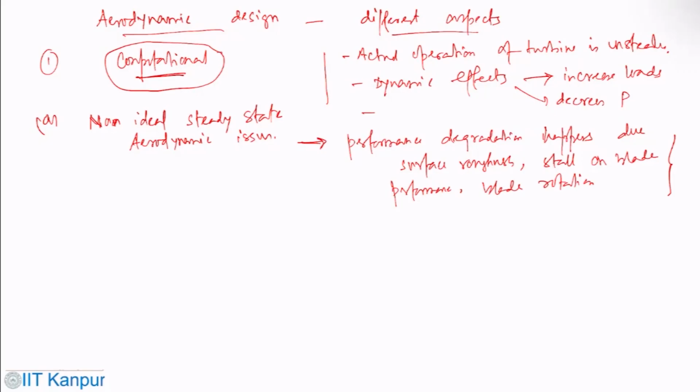So the surface roughness that we are talking about is increasing the drag, and obviously the lift will decrease. Once the lift decreases, this is going to impact the rotation of the blade and indirectly affect the power generation.